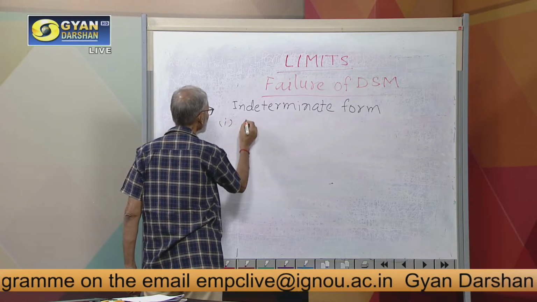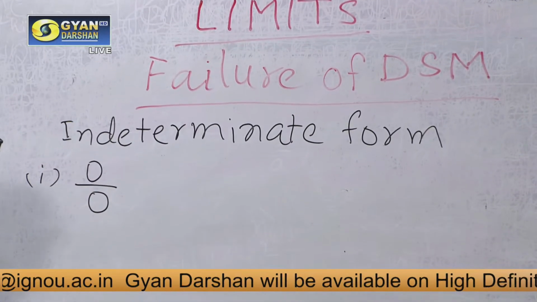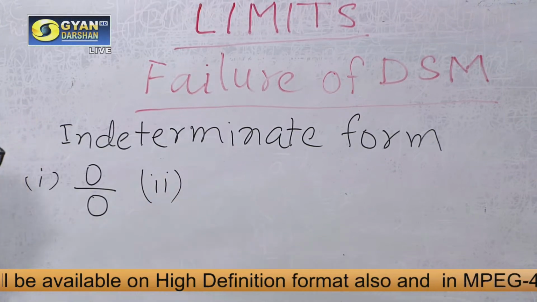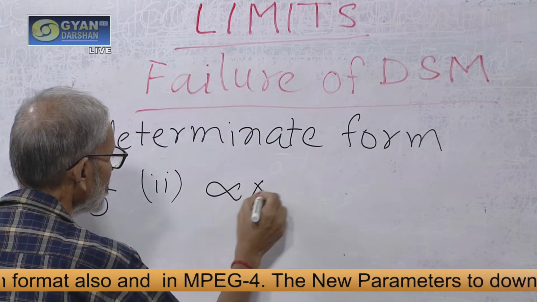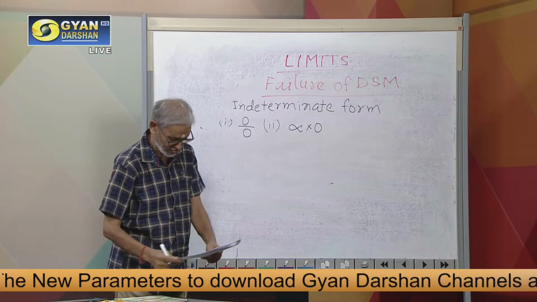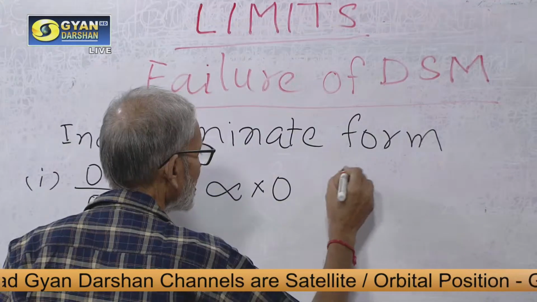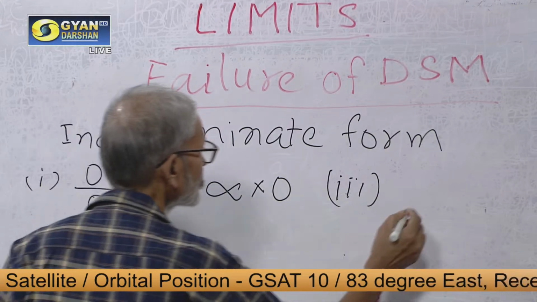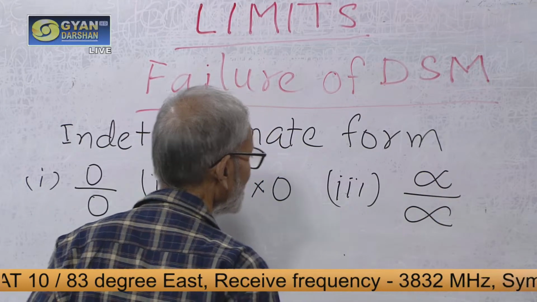The first one is 0 upon 0. The second one is infinity multiplied by 0. Then it may come in the form infinity divided by infinity.